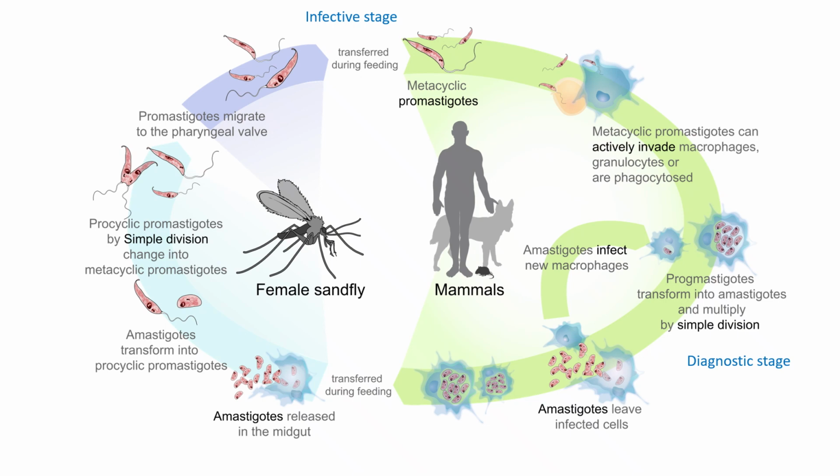These promastigotes divide further when they invade the human and are phagocytosed by macrophages. The promastigotes then transform into amastigotes and multiply by simple division. The amastigote form is the one that we usually diagnose under the microscope in the infected cells.